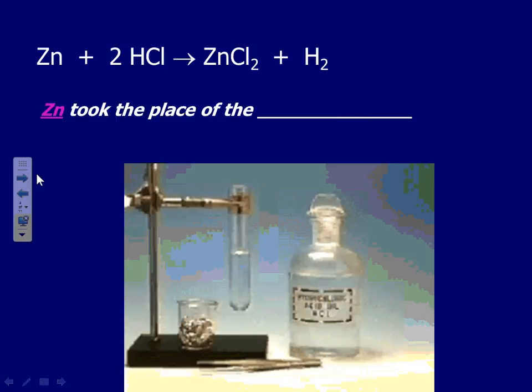Here's an example of a chemical reaction. What is Zn? It's zinc. HCl is also hydrogen chloride. Again, that's an acid.